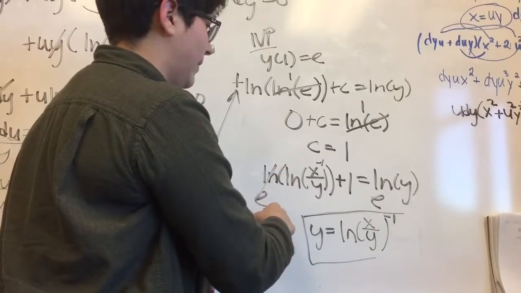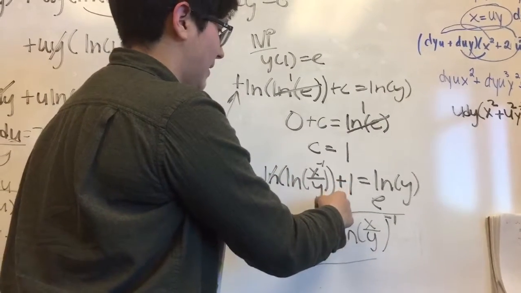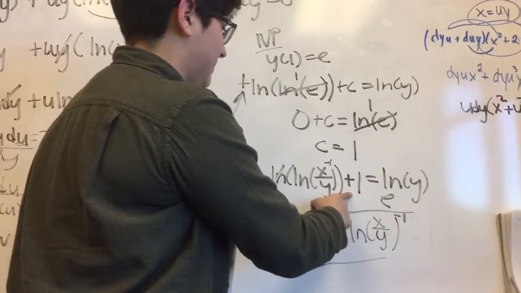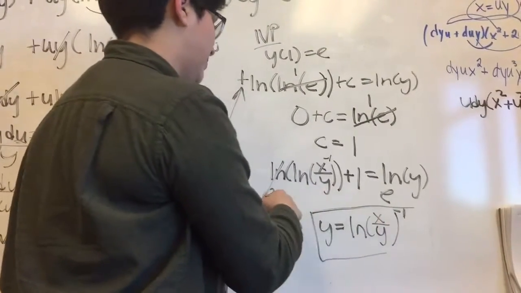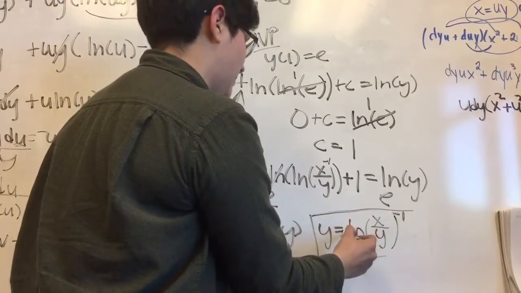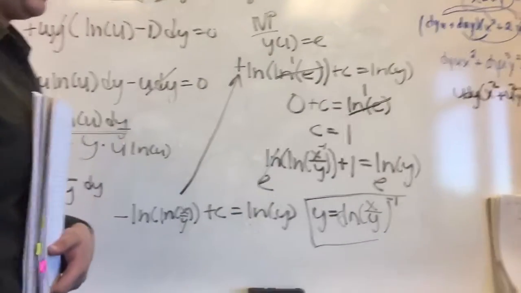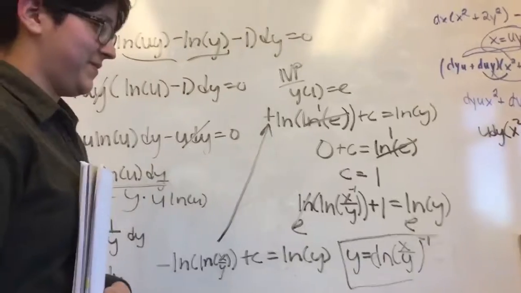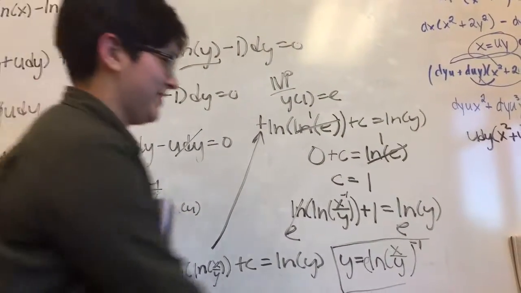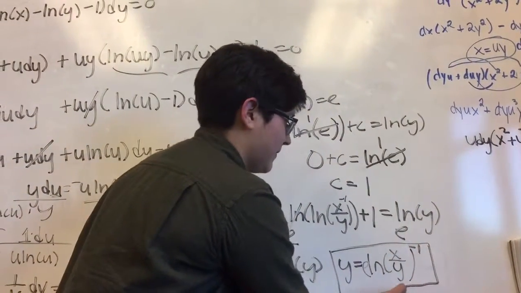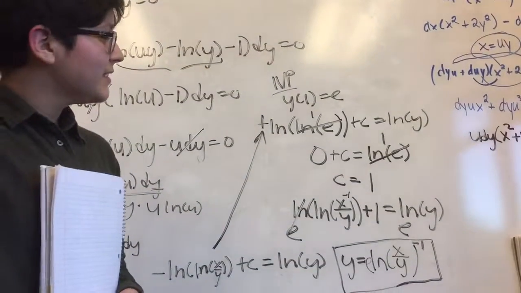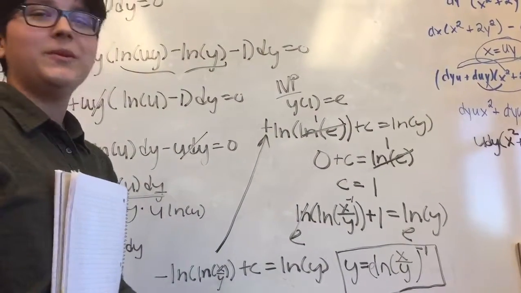Because we can cancel this one out, but there's no ln here to cancel that one out. So then we can bring this to the front, and so then it would be e times ln of, right? Cool. This is my final answer. I hope you had fun.